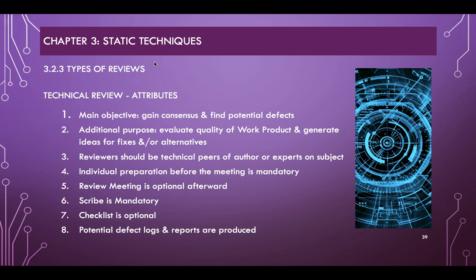A smaller group is usually used for the technical review. 4, individual preparation before each meeting is mandatory. 5, a review meeting is optional to discuss the outcome of this afterward. 6, the scribe is mandatory. 7, the checklist is optional. 8, potential defect logs and reports are produced at the end.